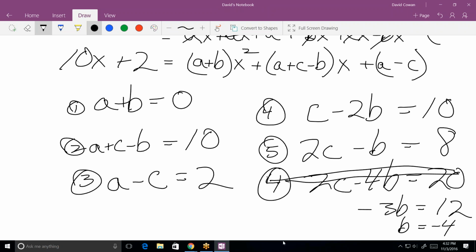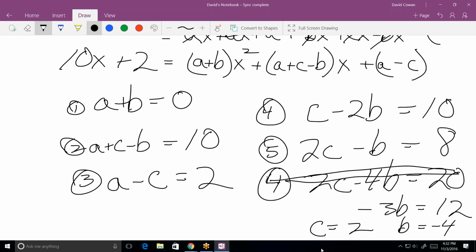So 4 equals c, and this is plugging in d. c plus 8 equals 10. So c equals 2. Now let's go back to one of the first 3 equations to solve for a. Which one?